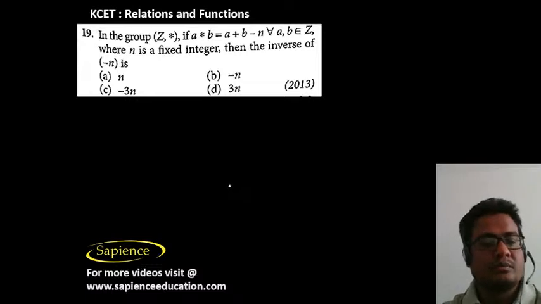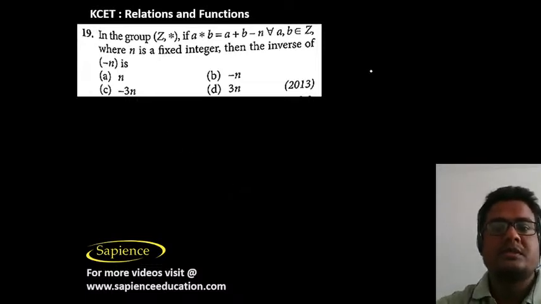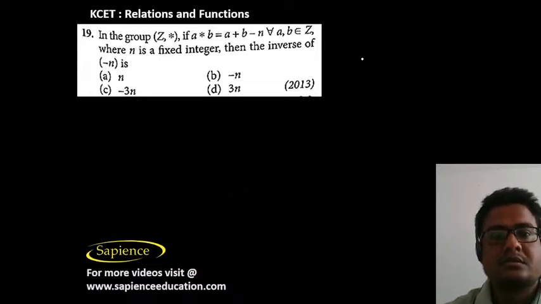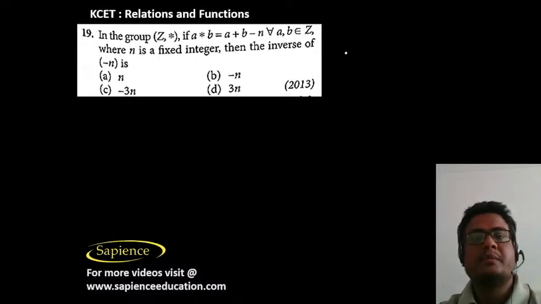Then in the group Z, star, here a binary operation star is on the set Z, the set of all integers.